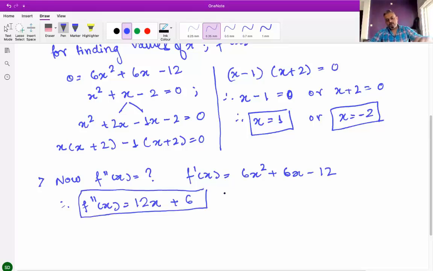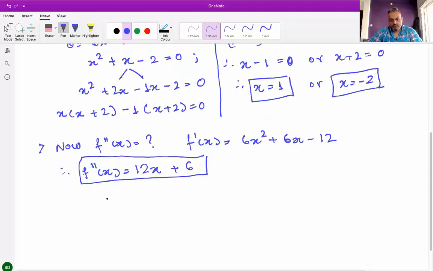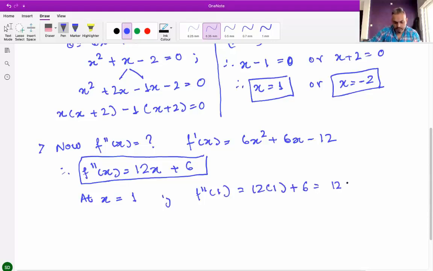Now we have to substitute the values of x. First we take x = 1. f''(1) = 12 × 1 + 6, which is 12 + 6, which is equal to 18.